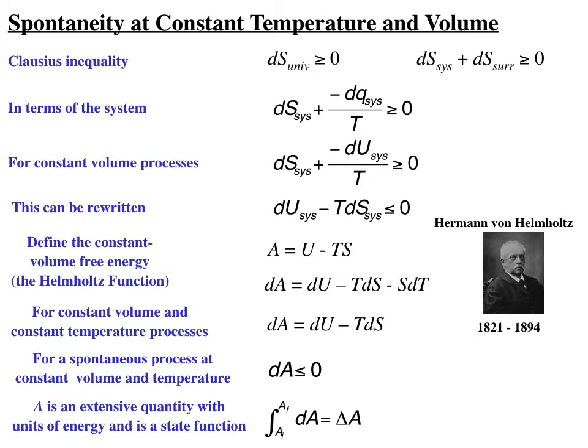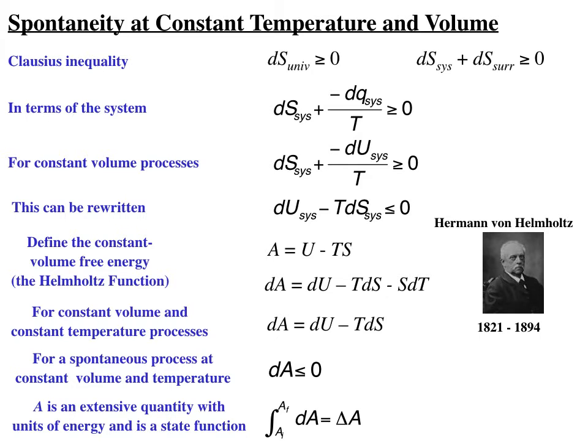If the system undergoes an exothermic process, the surroundings undergo endothermic. If the system undergoes an endothermic process, the surroundings undergo exothermic. So the sign is negative between the two, giving the inequality written there.